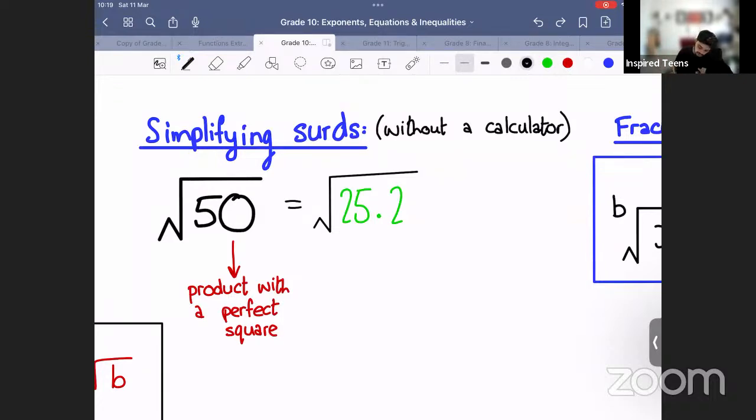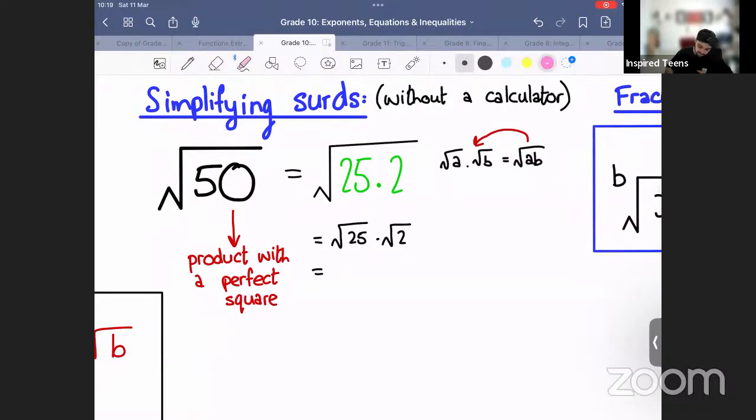Okay, so I haven't changed it. However, if I use surd rule number 1, remember it says that square root A times square root B is equal to square root AB. So if I work backwards, square root of 25 times 2, I can write as square root 25 times square root 2. And 25, I can actually square root.